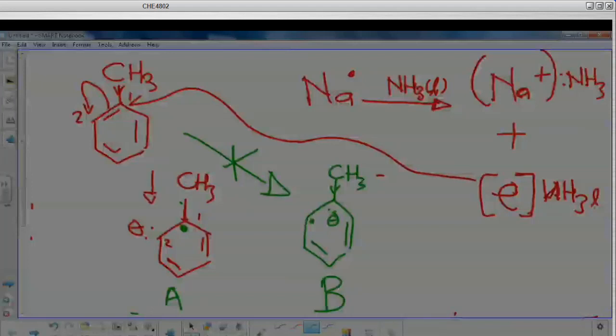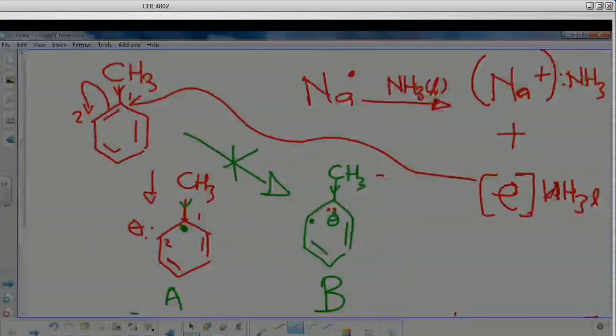It's stabilized by electron donation. On the other hand, when it comes to a carbanion, an electron donating group destabilizes the carbanion. So this is unfortunately an unfavorable situation. You cannot have a carbanion center on the same carbon as an electron donating group. You see that? Are we together?